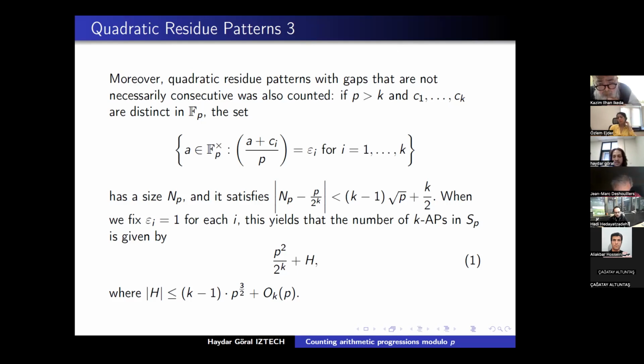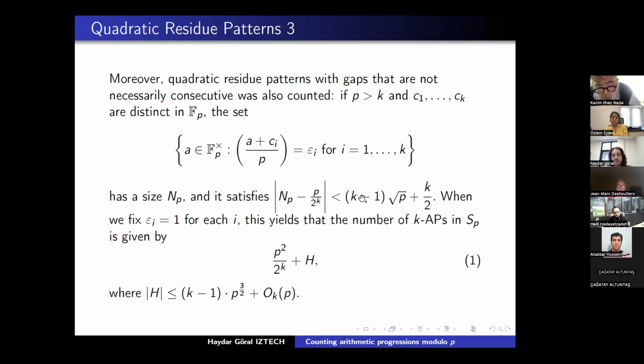Then you are considering this time a plus 2, a plus 4, and you want all of them to be quadratic residues. This means that you have an arithmetic progression with common difference 2 in squares. And again, actually, the main term is p over 2 to the k.